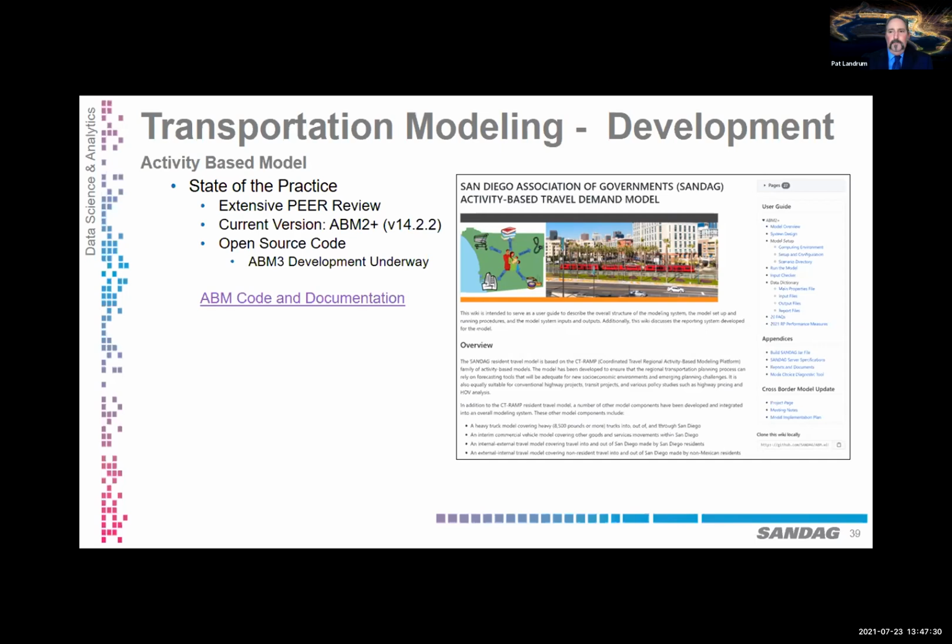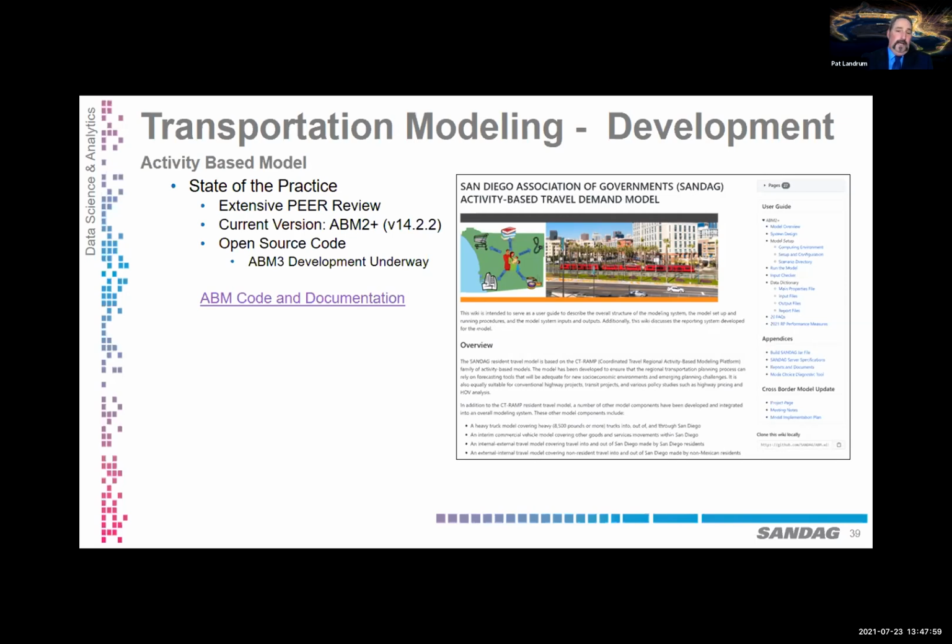We have been undergoing a level 4 peer review for the activity-based model for the last 3 cycles. Our current version is ABM 2+, version 14.2.2. The code is open source. It is available on our GitHub site. SANDAG's GitHub site for ABM includes all of the ABM code and documentation.